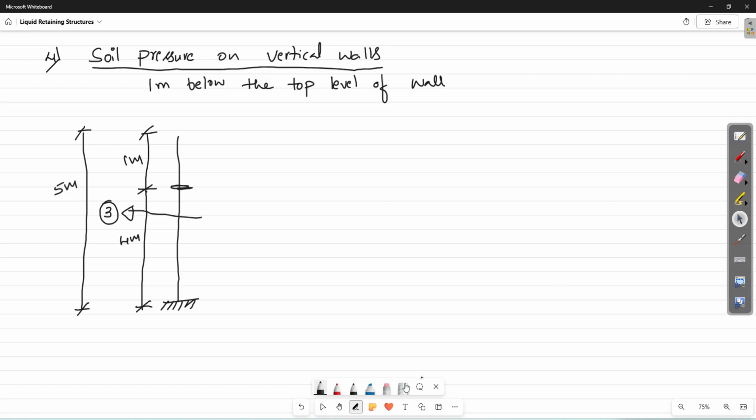Your soil pressure is acting from outside like this. It is also a triangular distribution. So here at the bottom Z value is 0. At this location Z value is 4. So at this level your soil pressure is 0 kilonewton per meter square.